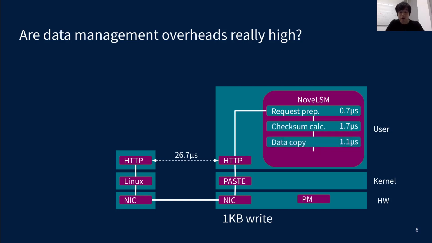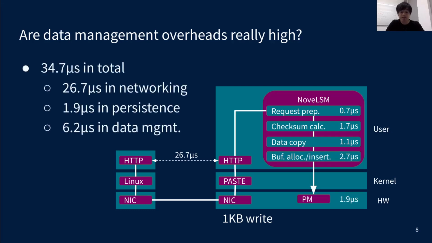Data copy takes 1.1 microseconds. Buffer allocation and insertion takes 2.7 microseconds, and persistence takes 1.9 microseconds. In total, the round-trip time was 34.7 microseconds, and within that, 6.2 microseconds is spent as data management overheads to achieve storage properties.